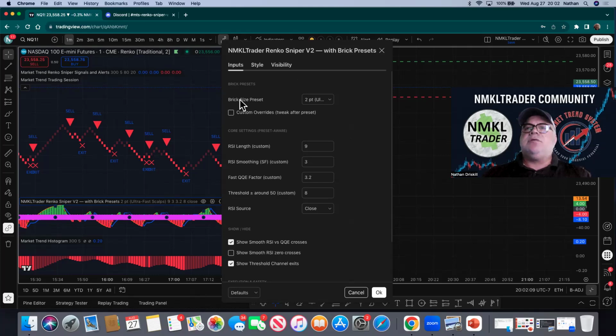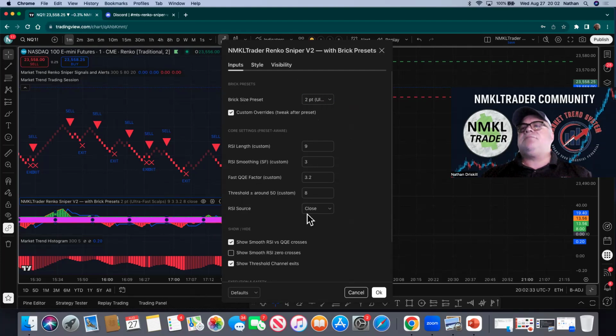So what I do is this here, if you have this unchecked, it's going to go by what you select in this box here. Okay. But if you check it, custom overrides, tweak after preset. These down here are your custom overrides. Now I use what's here. You can simply go in and tweak these if you want to your liking, but I would start with this very setting right here and this checked.